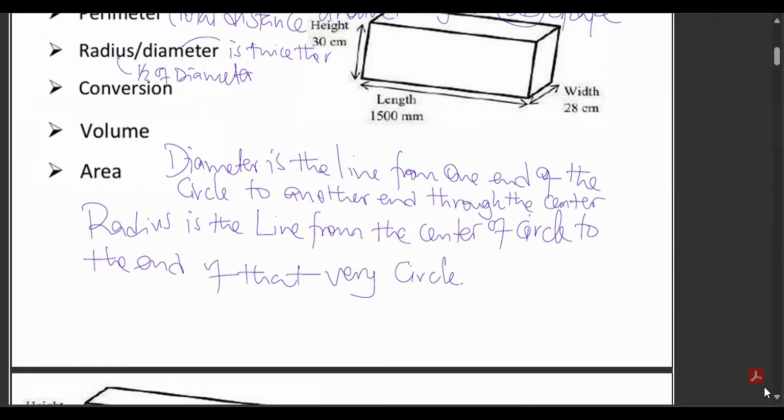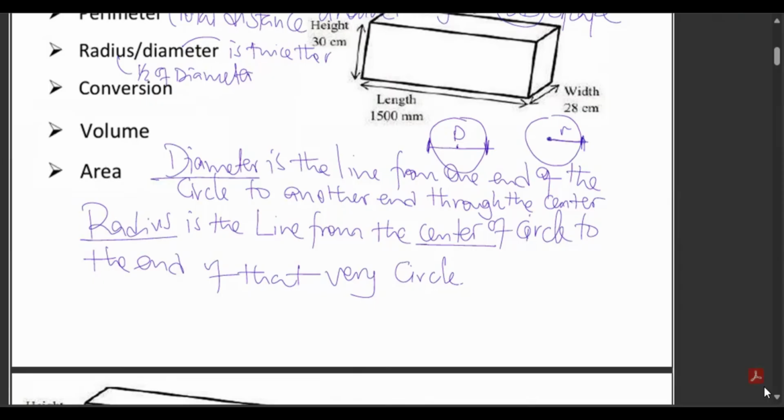That's the diameter. The radius starts from the center. The diameter is from one end of the circle to the other through the center, and the radius starts from the center to the end of the circle. Okay, you should know that.